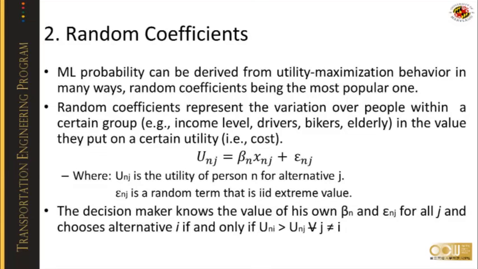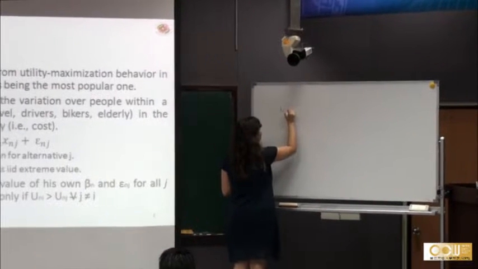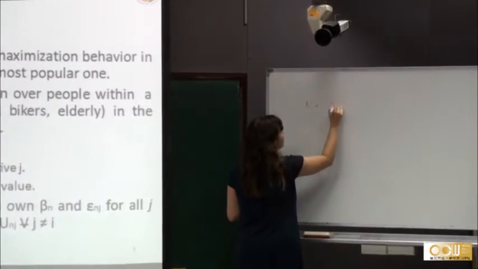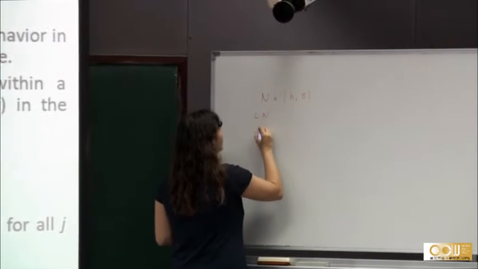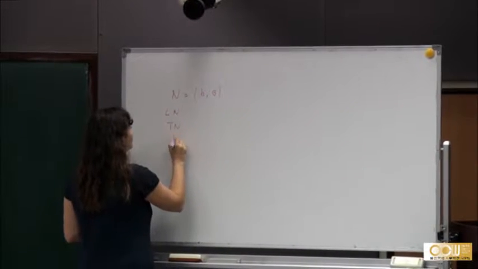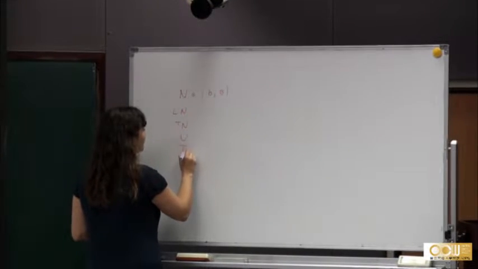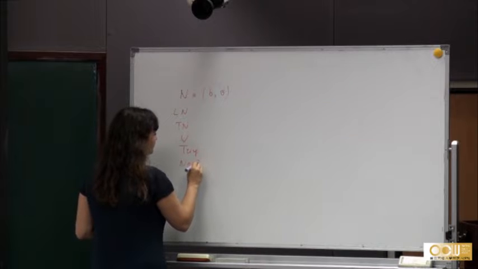So for example, all the possible distributions that you can estimate. The first one is the normal, for which you need to estimate the mean and the standard deviation. And then you can have the log normal, the truncated normal, the uniform, the triangular. People have been using the triangular, non-parametric, and so on.